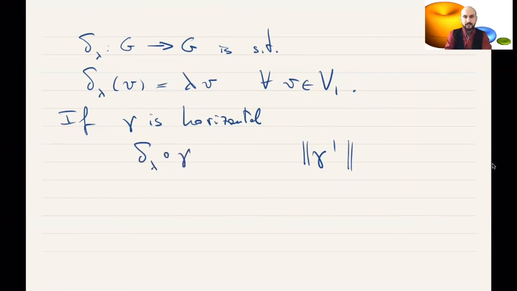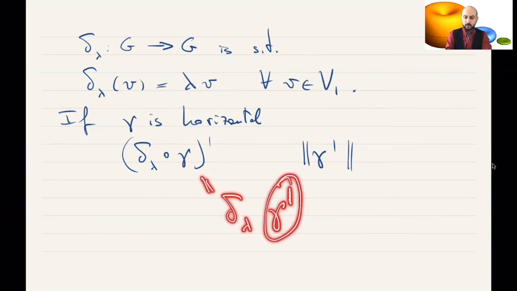Now this is another curve, and if you calculate the derivative, this really is delta lambda at the level of the Lie algebra applied to gamma prime. Okay, it's the chain rule.